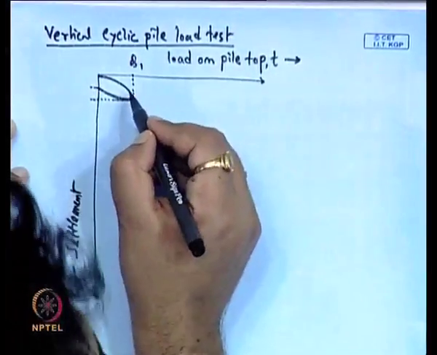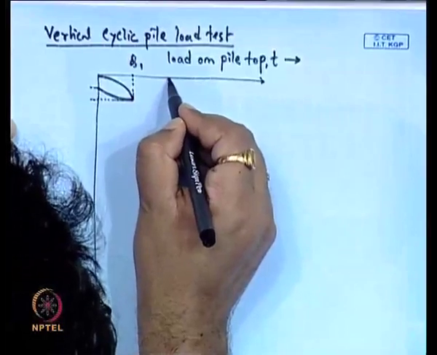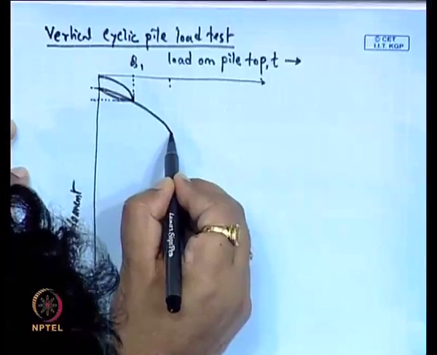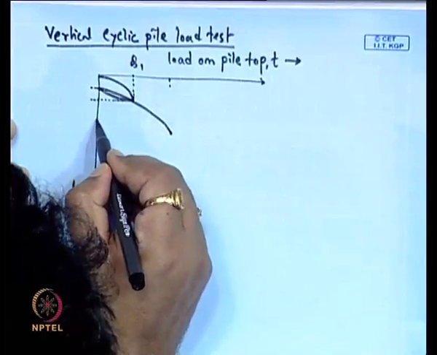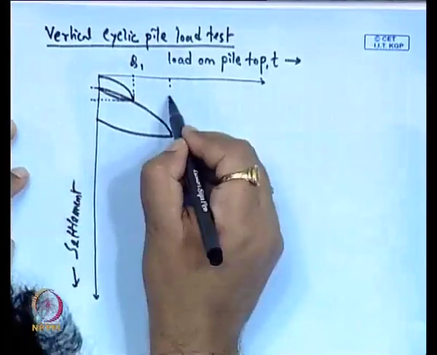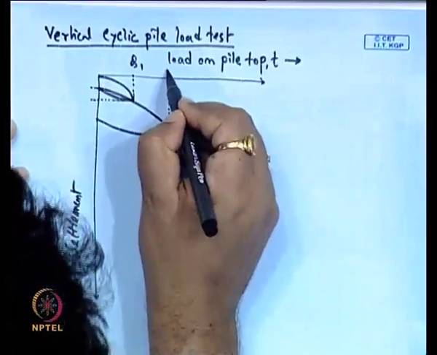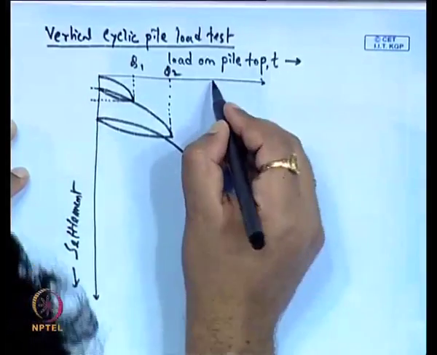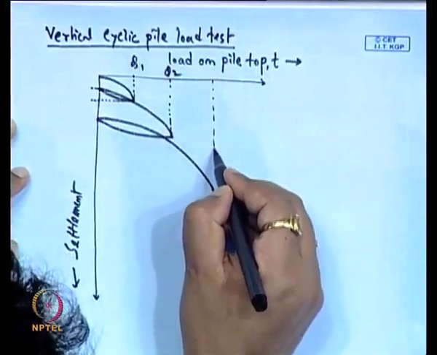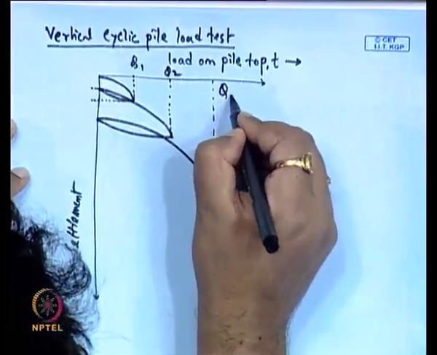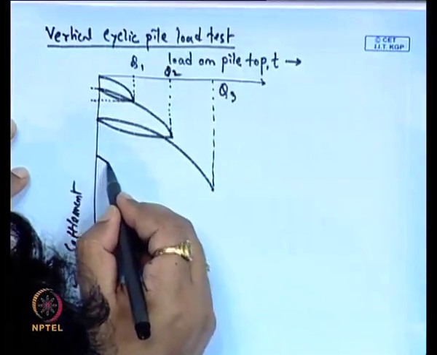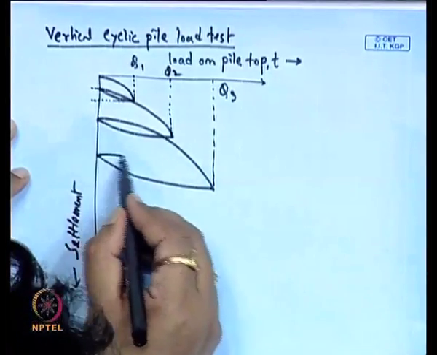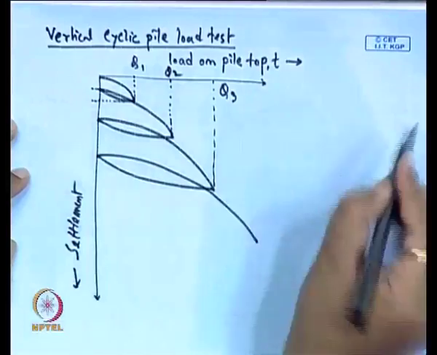The next one starts with Q2, where we apply the loading curve, and then this is the unloading part corresponding to Q2. Similarly for Q3 we apply the loading and unloading, and then we go on to Q4 and so on.